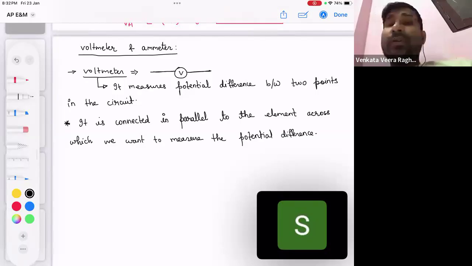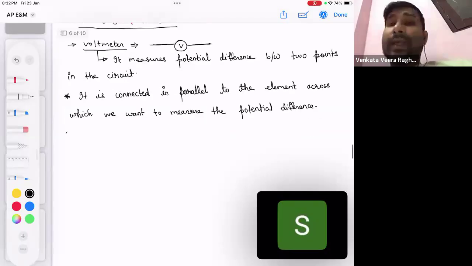Clear? One more property of the voltmeter: if the question says it's an ideal voltmeter, that means a voltmeter with very high resistance. Very close to the ideal voltmeter.